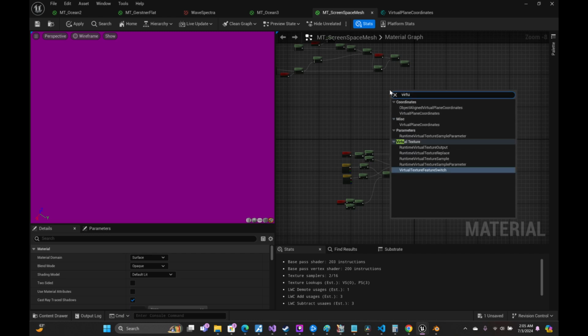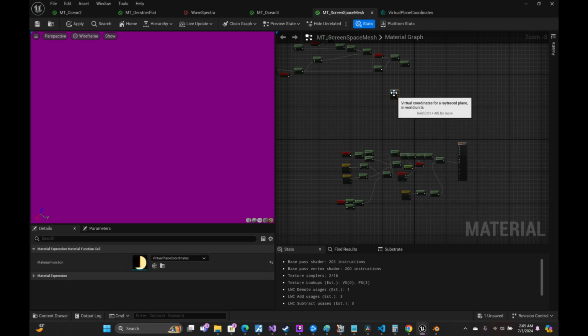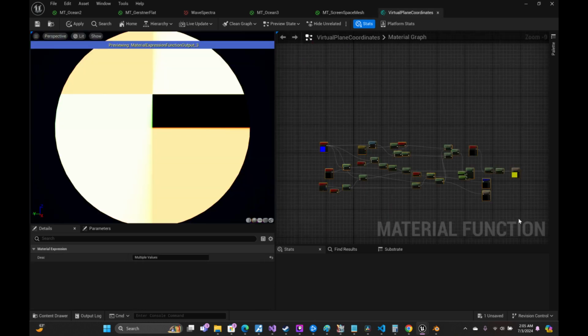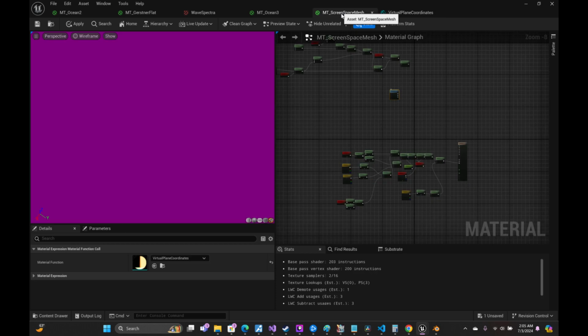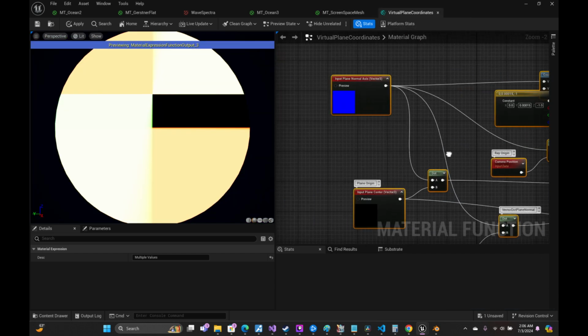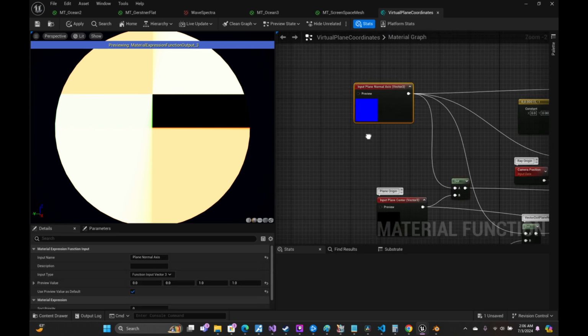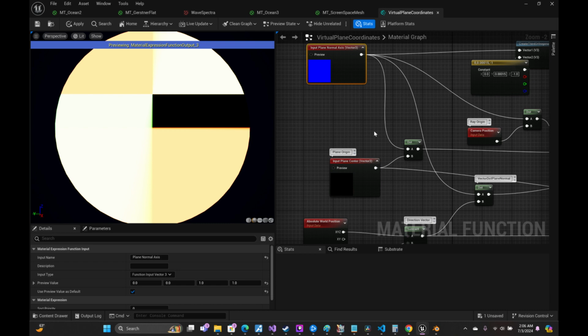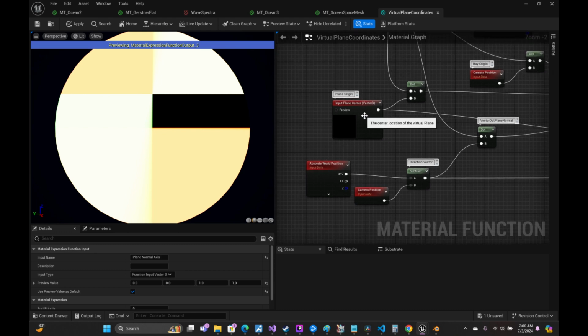Okay, hang on. Virtual plane coordinates. That's lame. So we lose our inputs. So let's see. Input plane center, absolute world position.